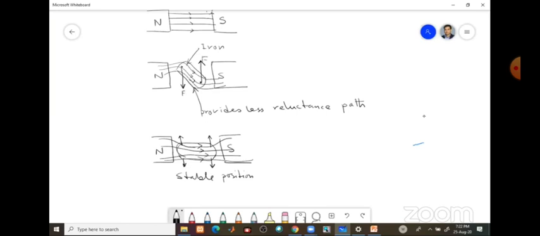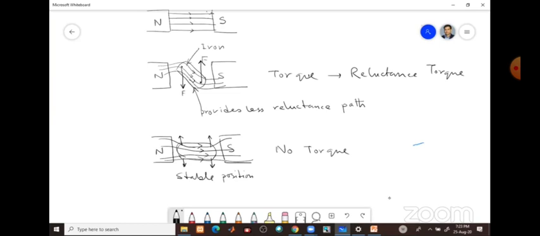We can conclude, if the iron piece is in this type of position, it will have some torque, but here it will have no torque. So this type of torque is called the reluctance torque. Is that clear?